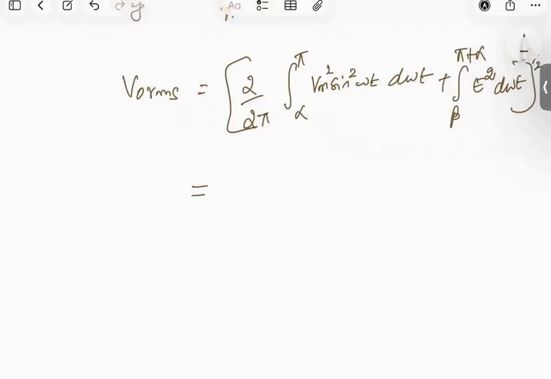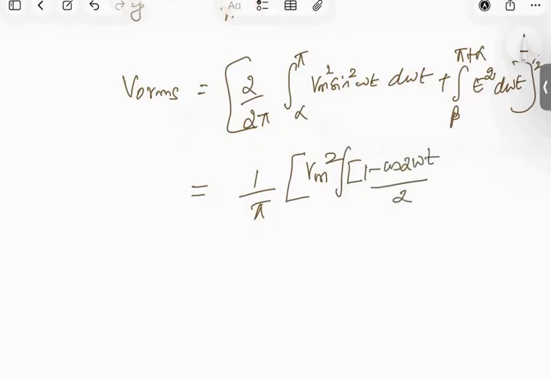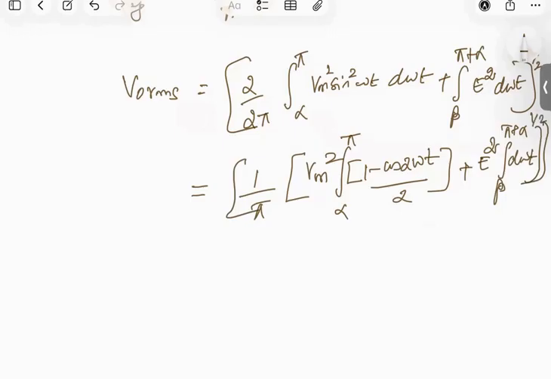Which will be equal to 1 by pi, Vm square we can take outside, integration of 1 minus cos 2 omega t by 2 from alpha to pi, plus E square we can take outside, beta to pi plus alpha d omega t, whole to the power 1 by 2.